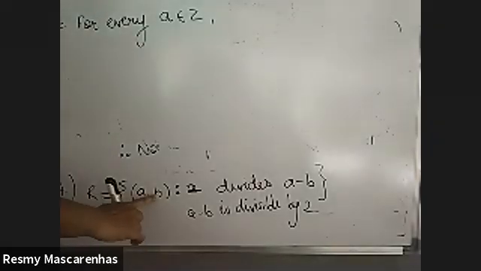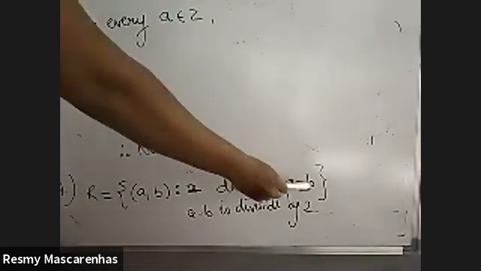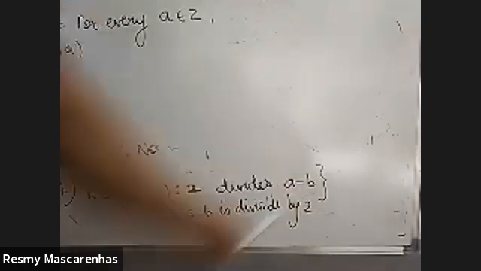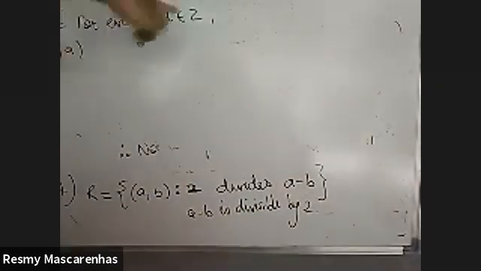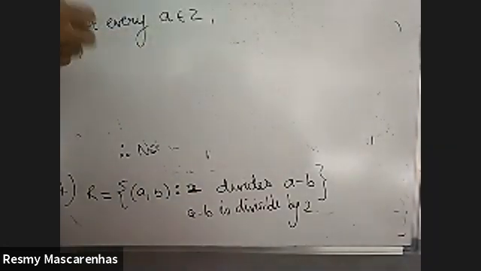It is always given as A comma B. For reflexive, always the same, A comma A. So instead of B, what you have to substitute is A. So for every A belonging to Z, I'm trying for A comma A.